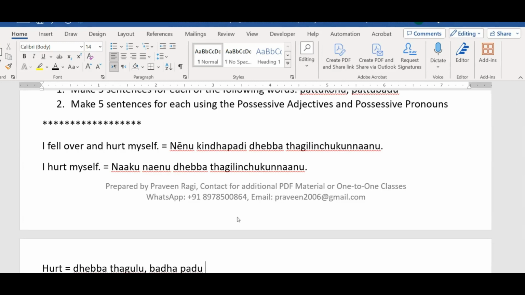This is another synonym, like suffer. I'll tell you when to use దెబ్బ తగులు and when to use బాధపడు. దెబ్బ తగులు is related to the physical, to the body. If something happened to the body, in such cases we use దెబ్బ తగులు, గాయమవు.